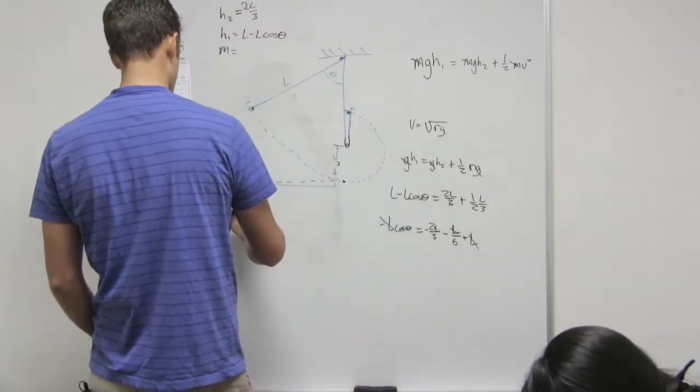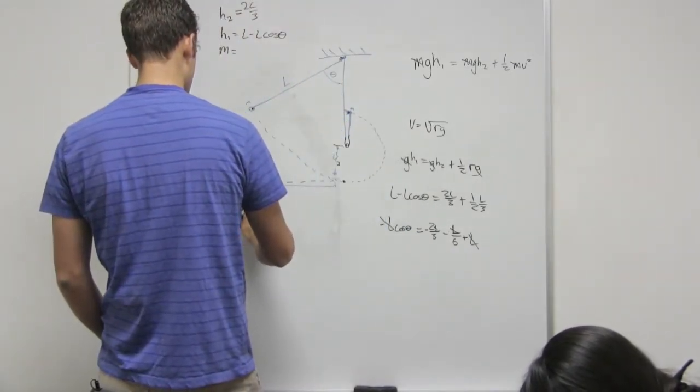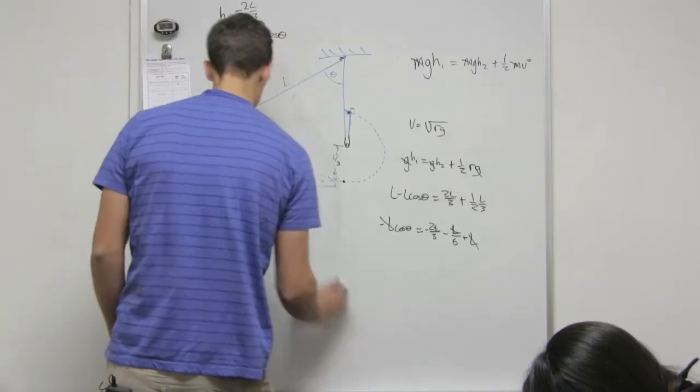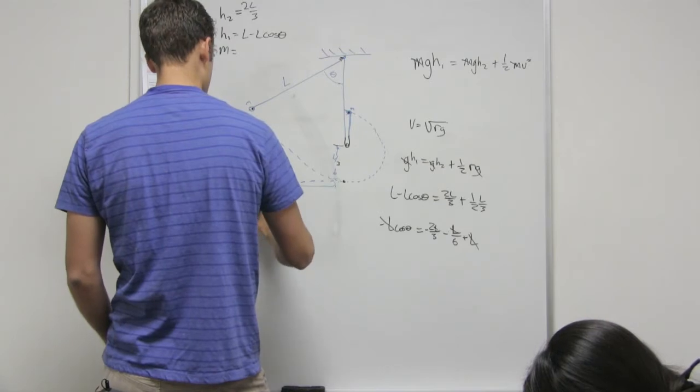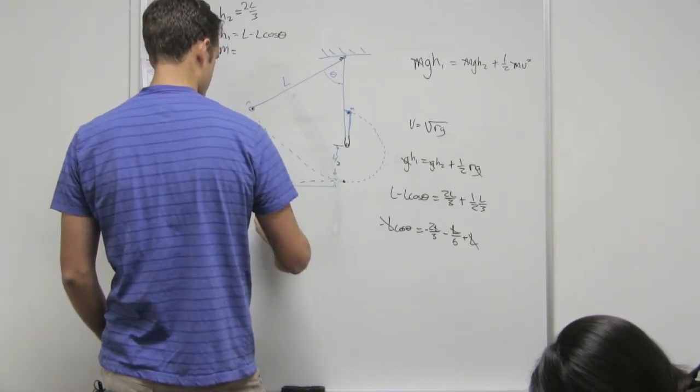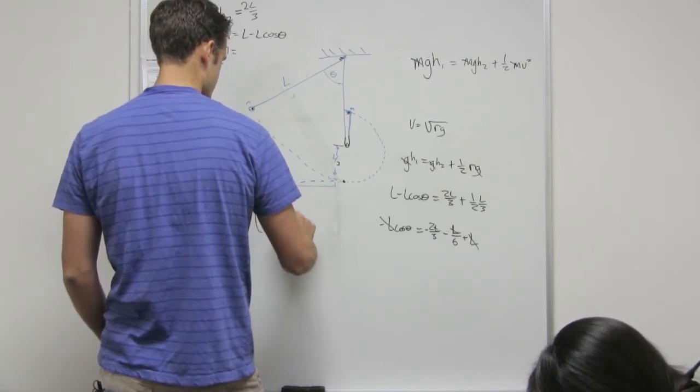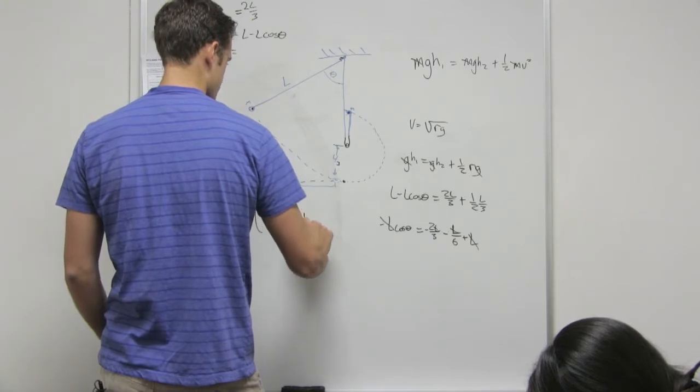So let's see. The inverse cosine of, what do we have here? Negative 2/3 minus 1/6 plus 1 equals theta.